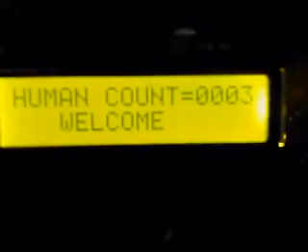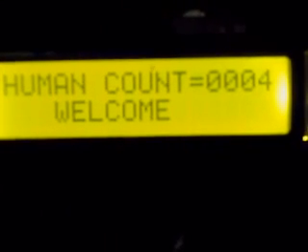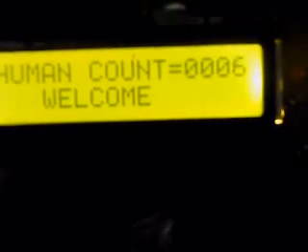In the first condition I have sent the welcome string, because the LCD is displayed on the door gate. So firstly the welcome should be shown, then I am inputting the 0 logic like this, and you can check it out. Human counting 1, 2, and this is inputting from my hand like this, 3, 4, 5, 6 and so on. So this is all about the visitor counter.